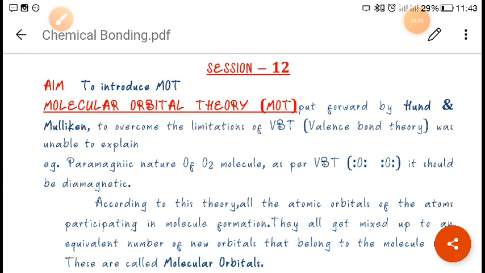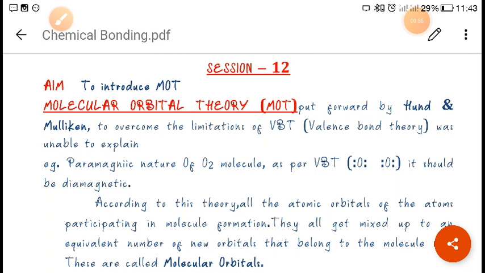This was the second drawback of valence bond theory. One more: this theory was unable to provide a satisfactory explanation for the bonding in metals, odd electron molecules and interstitial compounds. So these were some of the drawbacks of the valence bond theory.